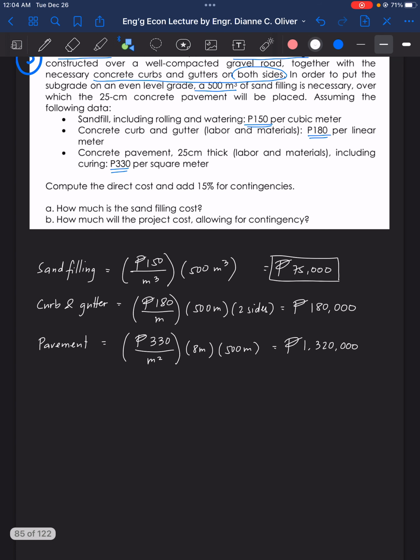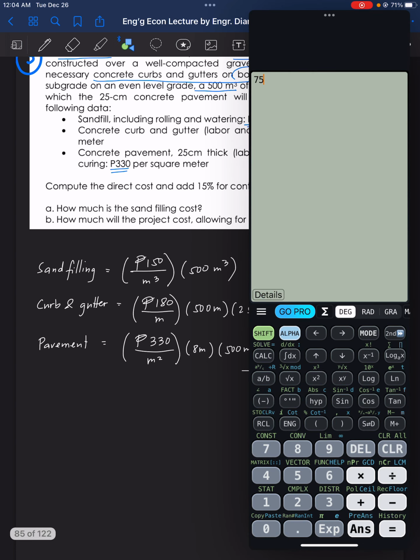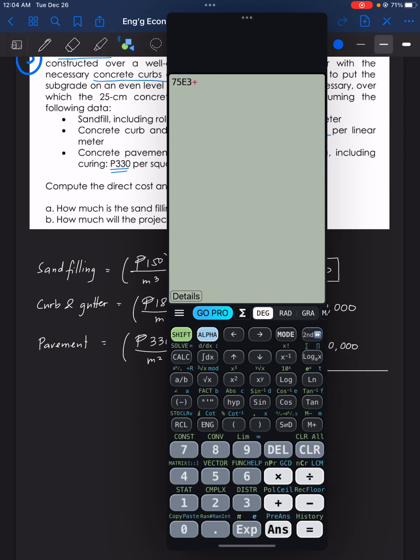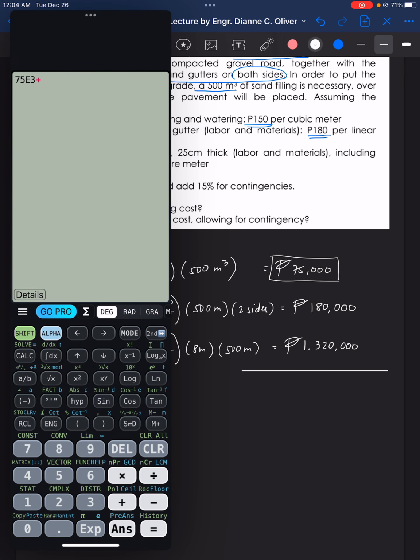Now we now have our direct cost. So our direct cost here is 75,000 plus 180,000 plus 1,320,000. So 1,575,000.